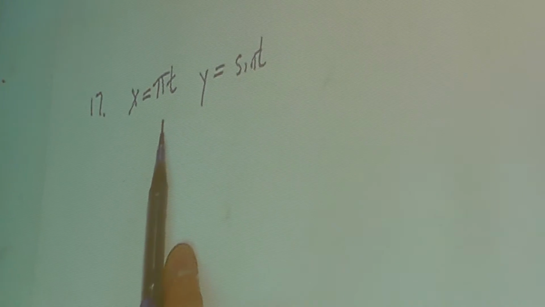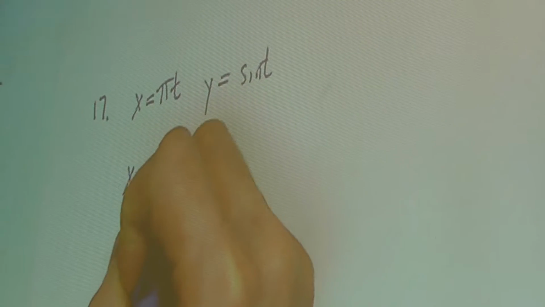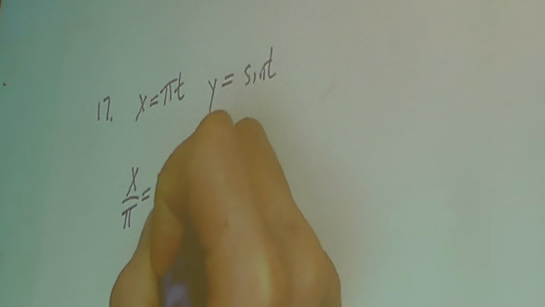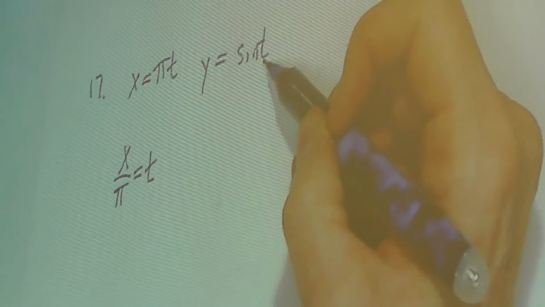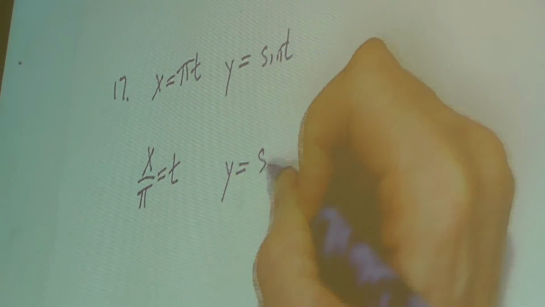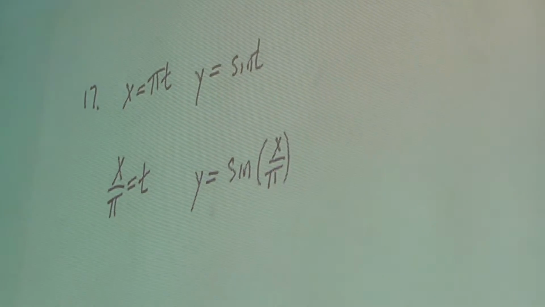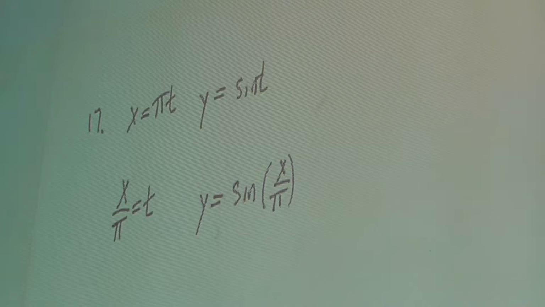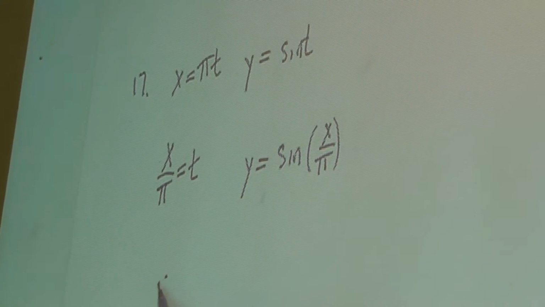And once I have it for t, I can just take t and substitute in. So I can go x divided by pi is t, and then substitute that in and get y equals sine of x over pi, since t is x over pi.